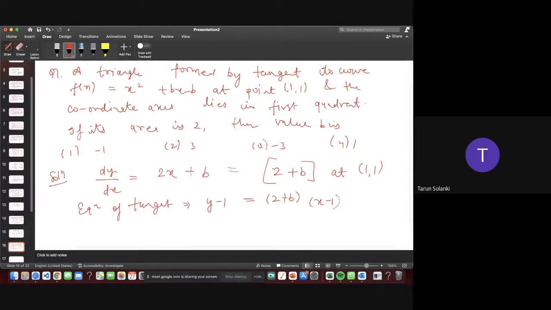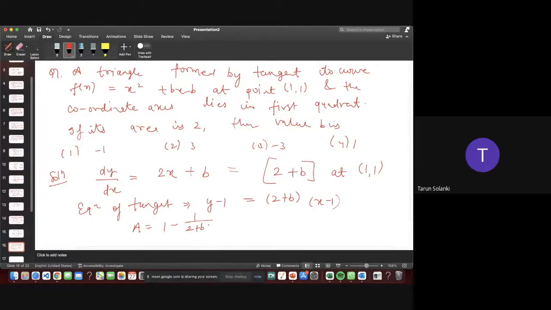So its intercepts a and b on the axis are obtained by putting y equals to 0 and then x equals to 0, with the given equation in terms of this slope: y minus 1 is equals to 2 plus b into x minus 1, which gives a is equals to 1 minus 1 upon 2 plus b. Okay, with the formula which we are using.